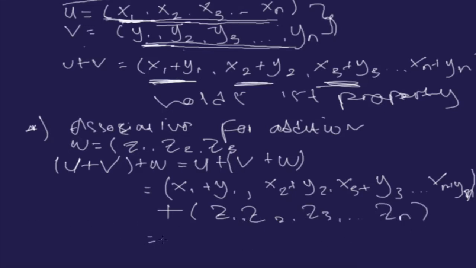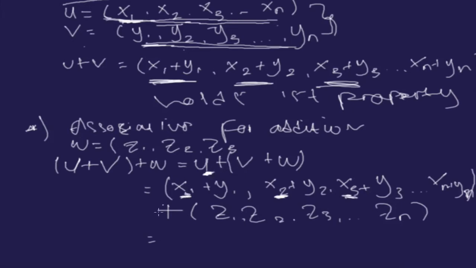Then we can apply the associative property of addition. We make the x terms first, because we move the u vector to the front.